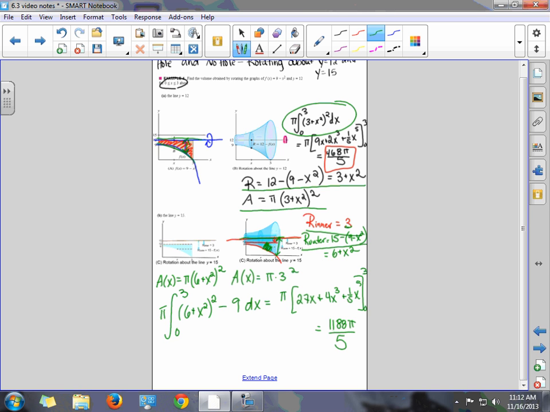We determined the radius of our outer, which was the distance between the axis that we were rotating on and the curve. Then we wrote our area function. Our area for our outer was that. Our area for our inner was that. And then we subtracted the outer minus the inner, and we integrated from the bounds.